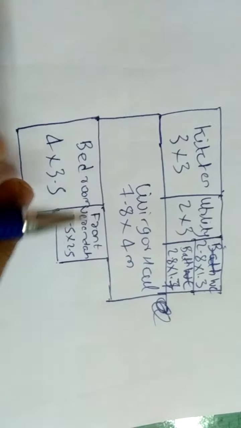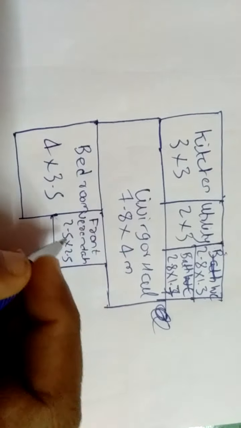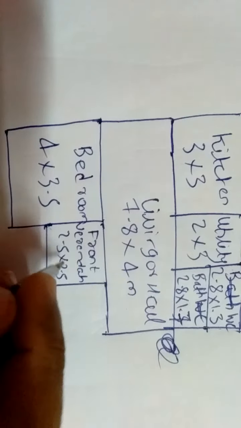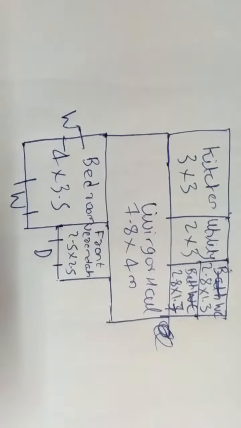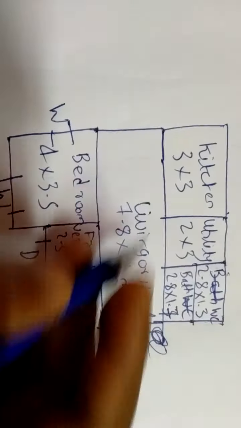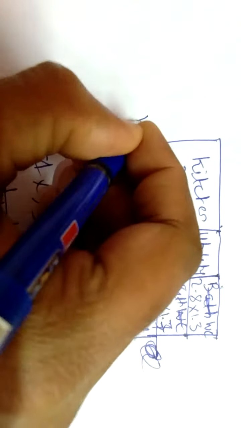Then we have to get the doors and windows. The door is usually located at the corner. Let us take the door D here. Similarly, we also want a window for the bedroom. You can give a window here, and a window here. For the living or hall, this is a big room, so let us give 2 windows here.